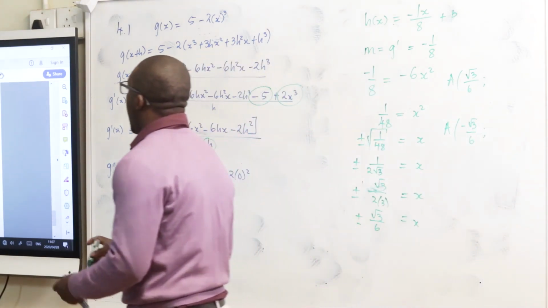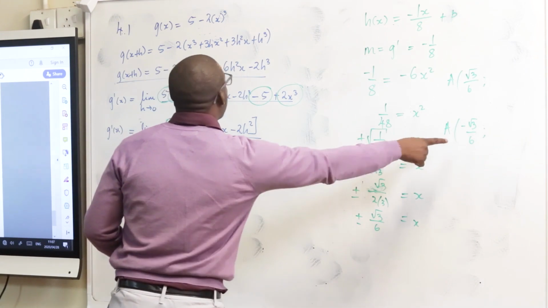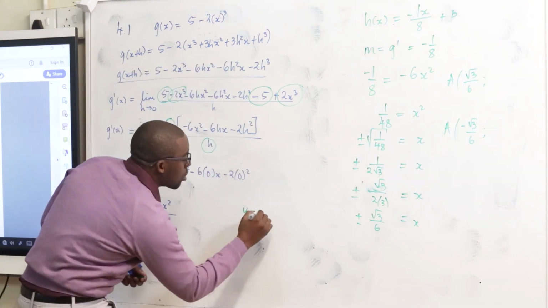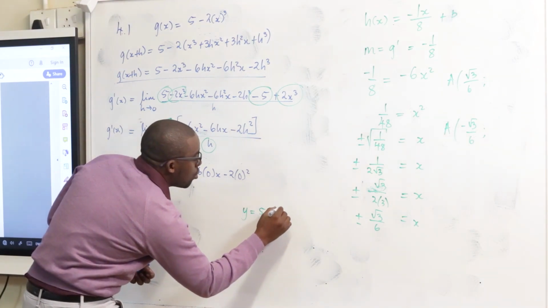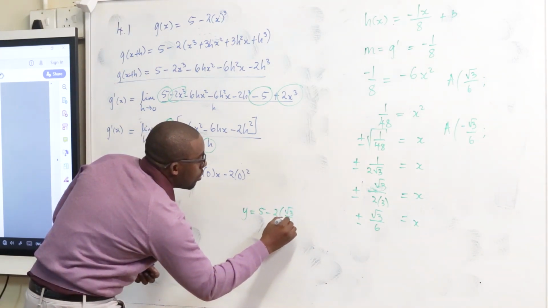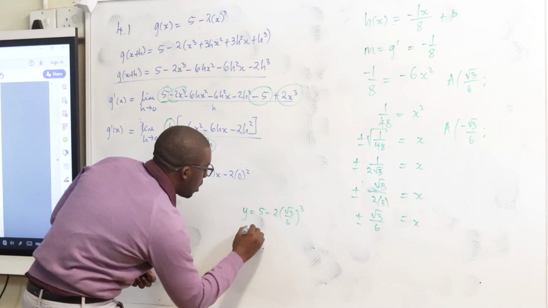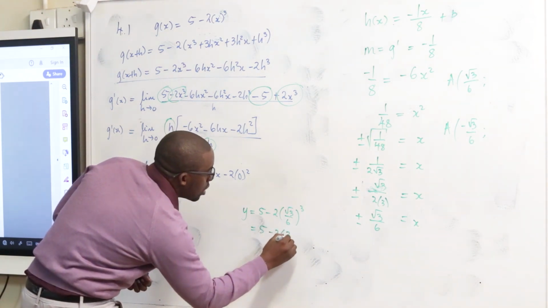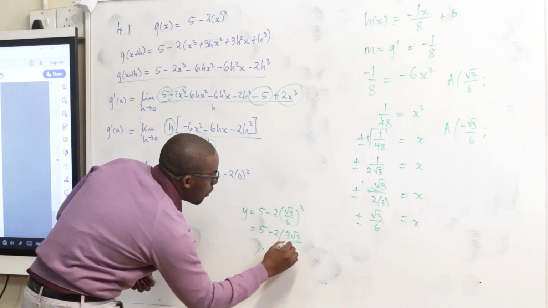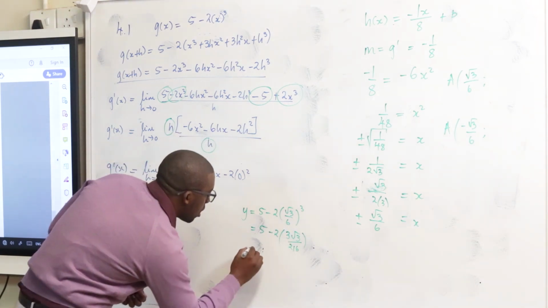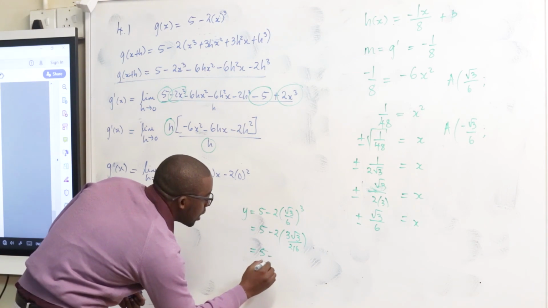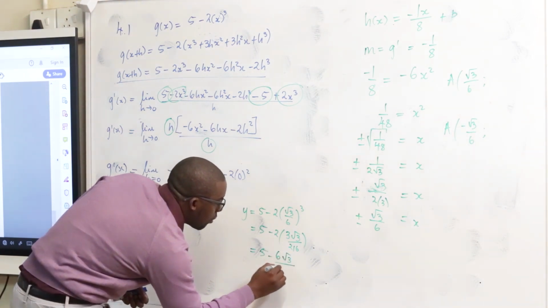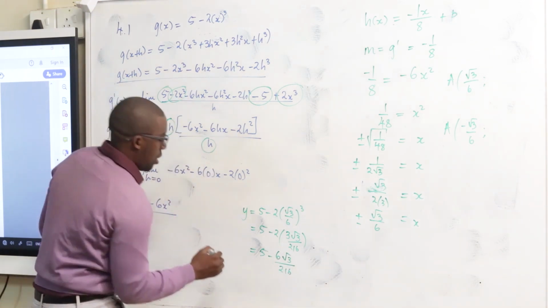The corresponding y, you substitute root 3 over 6 into the original function. Y is equals to 5 minus 2 times (root 3 over 6) cubed. This is 5 minus 2 times 3 root 3 over 216. 5 minus 6 root 3 over 216.